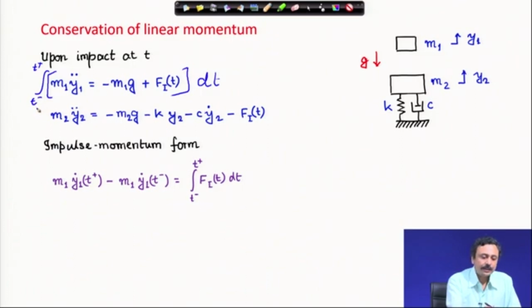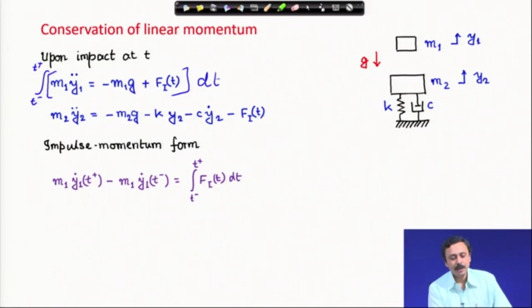Therefore, integrating the first equation from t minus to t plus, I obtain m1 y1 dot at t plus minus m1 y1 dot at t minus, which is equal to the integral from t minus to t plus of Fi, the impulsive force. What happens to the minus mg force, integrated over that very short time duration?